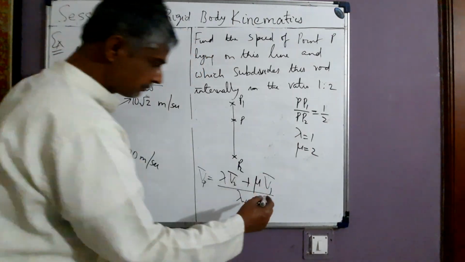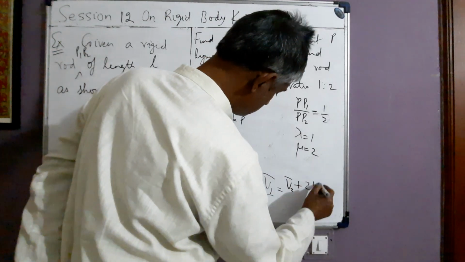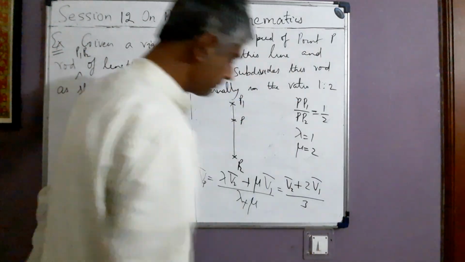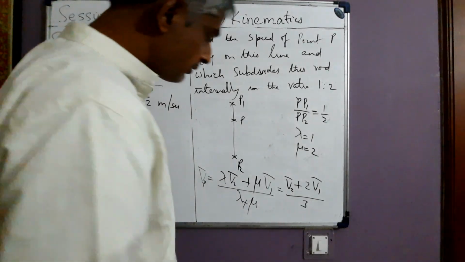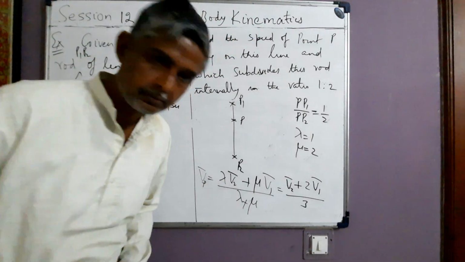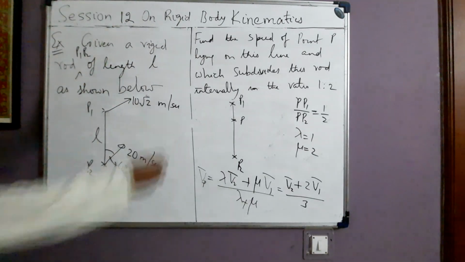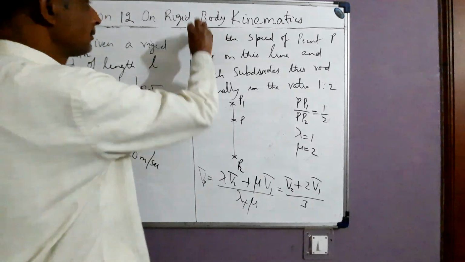So I substitute here. So Vp becomes V2 plus 2 V1 by 3. Now we have to find the magnitude of Vp.